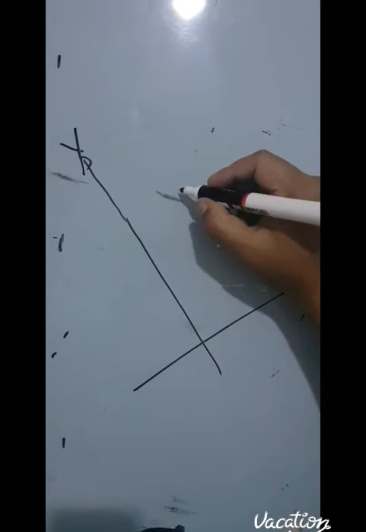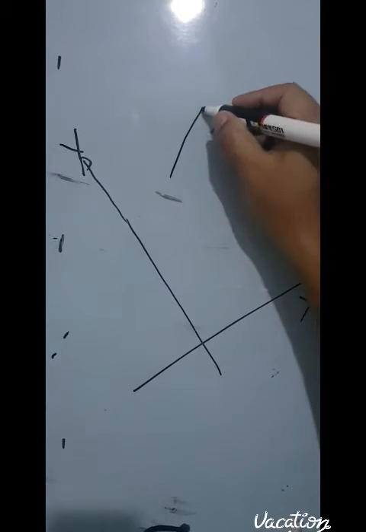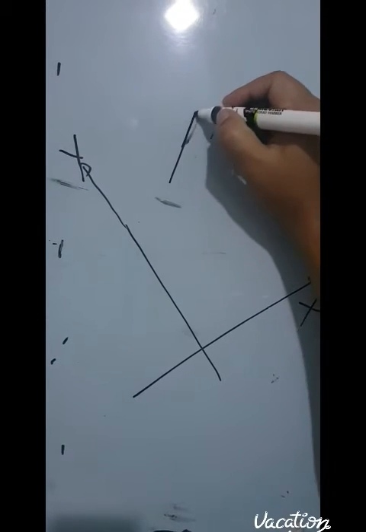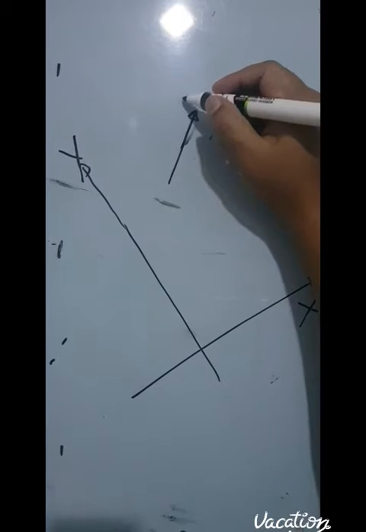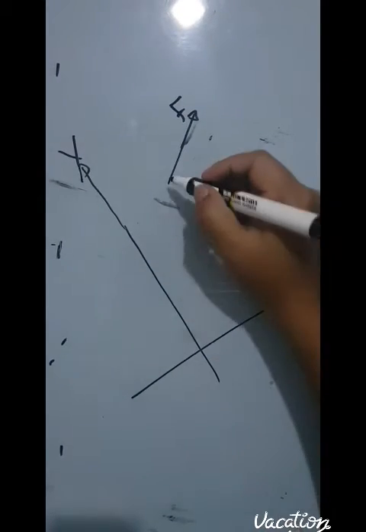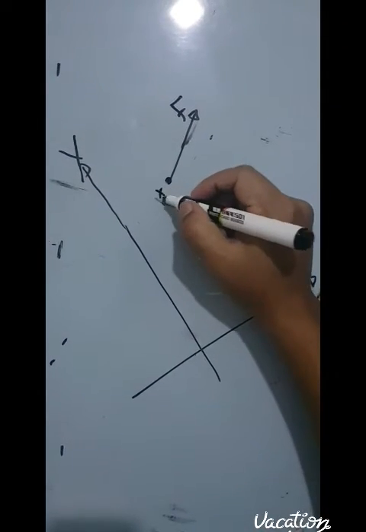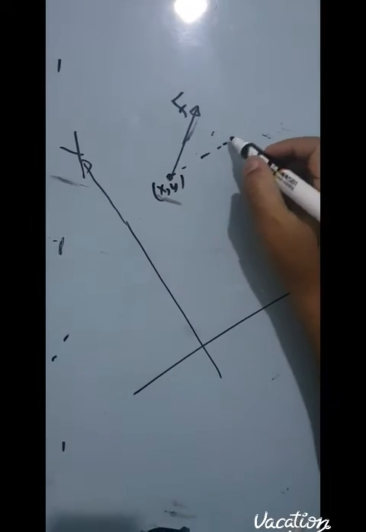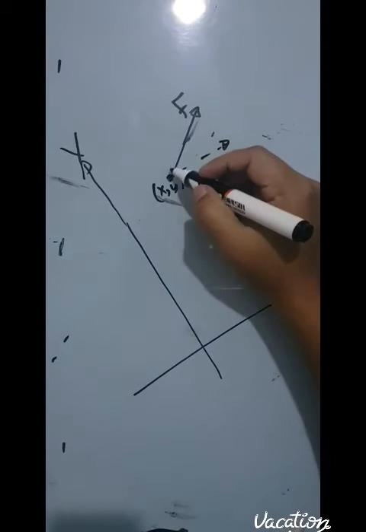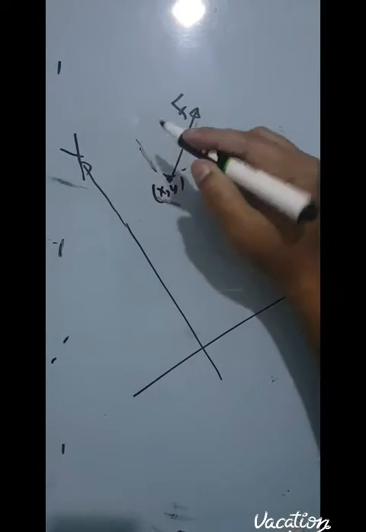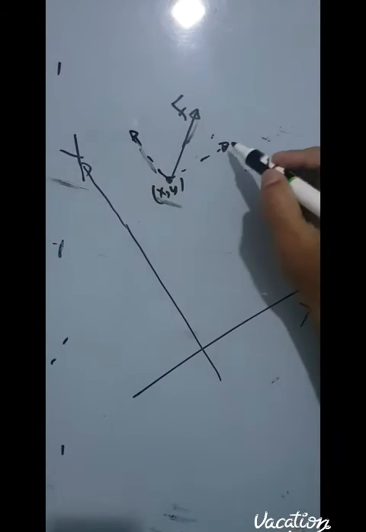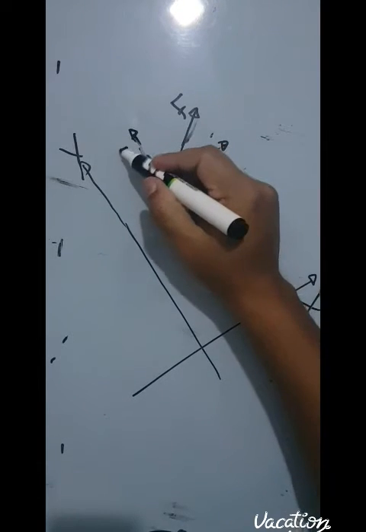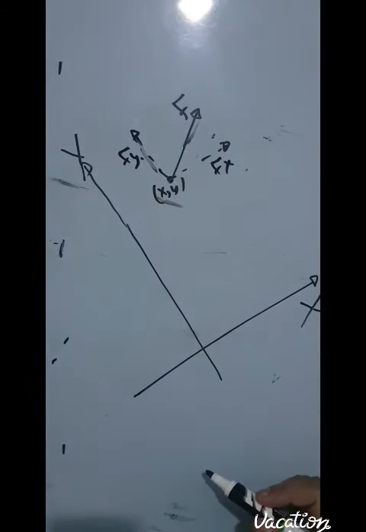Let's say that there's a force F acting somewhere here, which is at a point x comma y, right? I'm just gonna name it. So now you know from the basics that you can resolve this force into two components. So I'm gonna name them Fx and Fy, right?